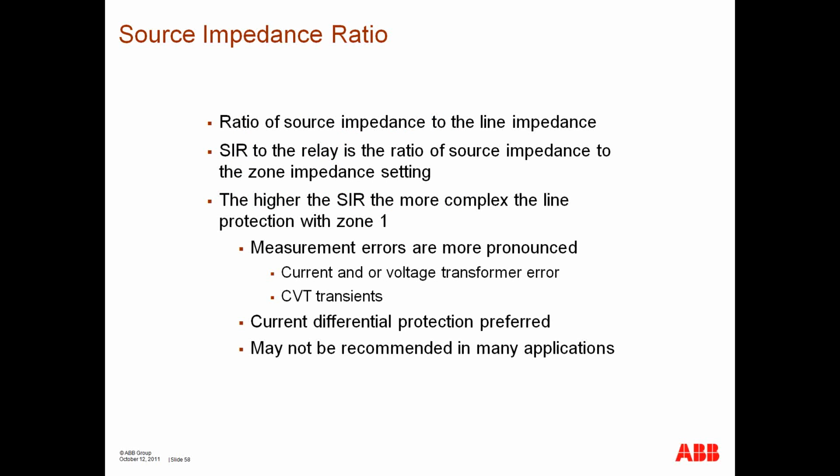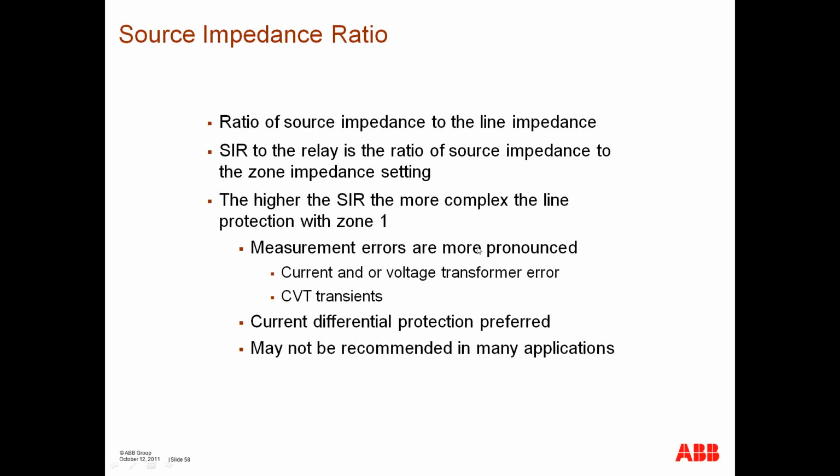Source impedance ratio is the ratio of the source impedance to the line impedance. SIR to the relay, though, is the ratio of the source impedance to the relay impedance setting. The higher the source impedance, the more complex the protection, particularly with zone 1.